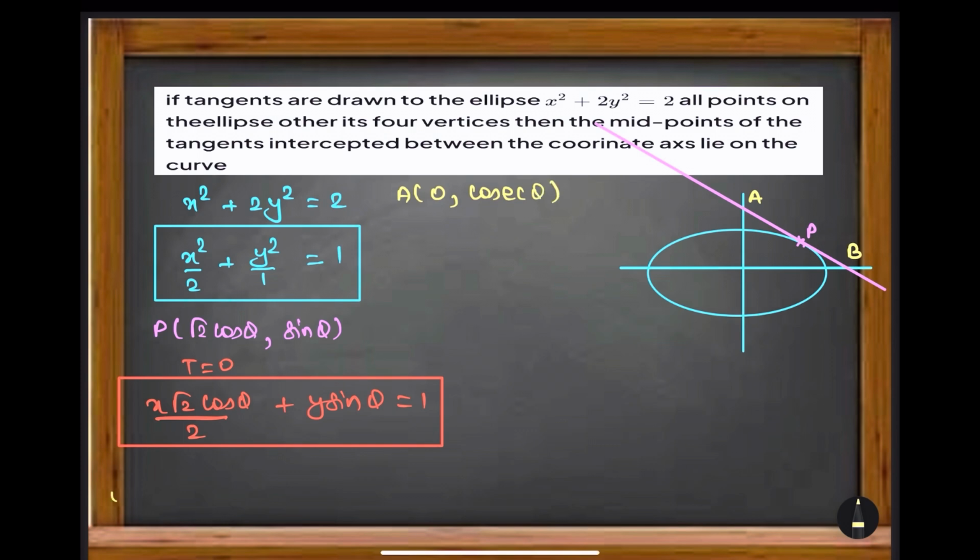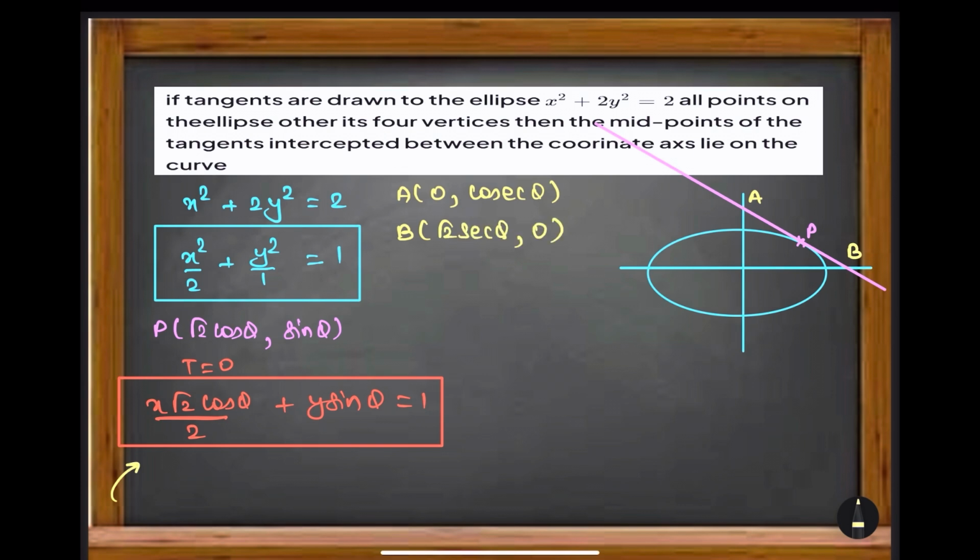You can put x as 0 in this equation, you will have the value of y. Now I want to find the coordinates of B. So how will we get B? It is a point on the x-axis, so y will become 0. Correct? So it is root 2 sec theta.